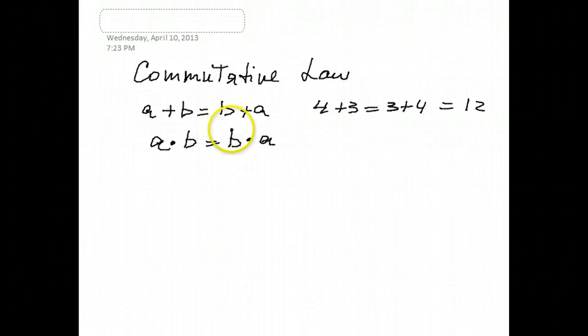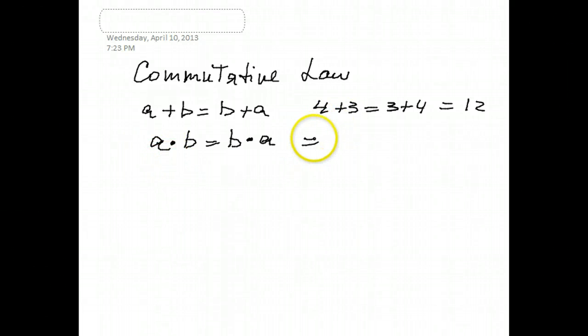You notice, by the way, that I'm using a center dot for multiplication, and usually it's better to not use a little x, because little x for multiplication can be confused with a variable x. So you can either use a center dot or you can use an asterisk.